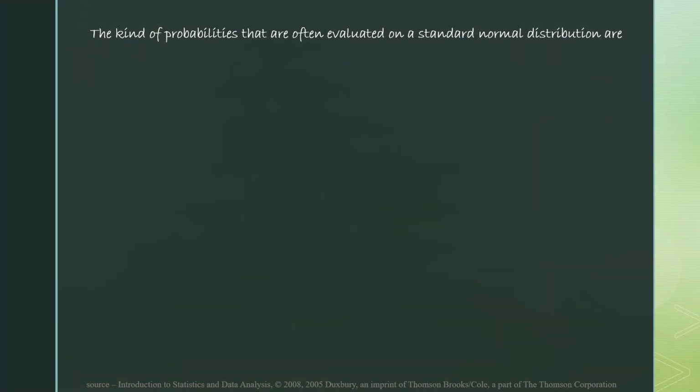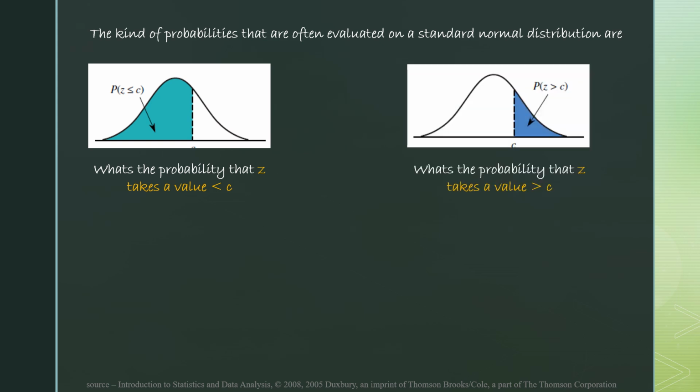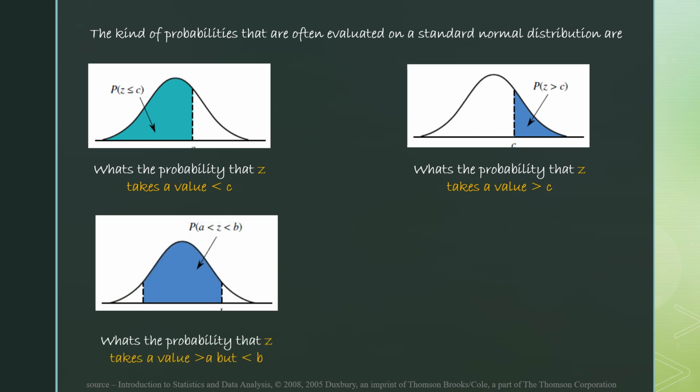The kind of probabilities that are often evaluated on a standard normal distribution are: what's the probability that z takes a value less than c? What's the probability that z takes a value greater than c? What's the probability that z takes a value greater than a but less than b?